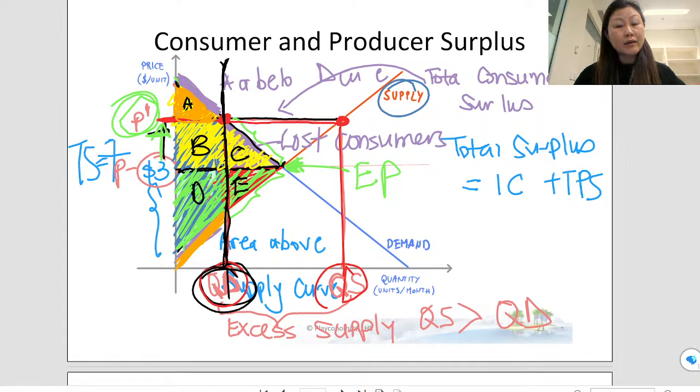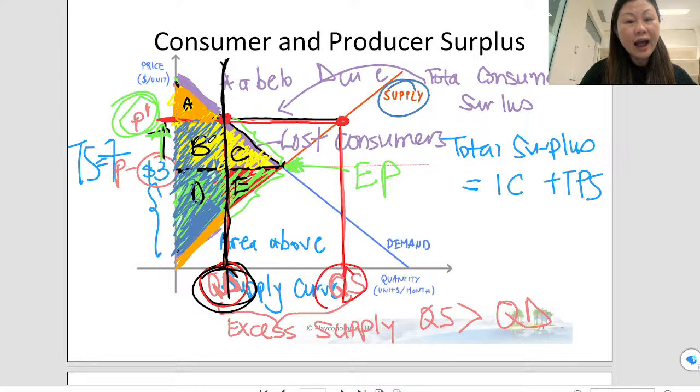And what we're going to see as a producer surplus is the area above the supply curve but below the price. So our producer surplus is now represented by area B plus D.